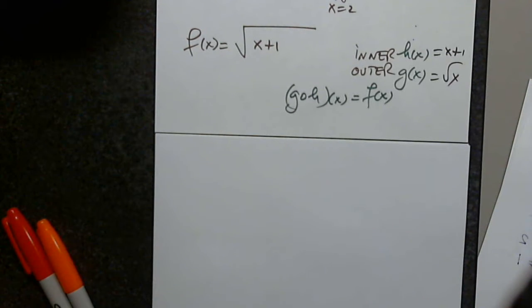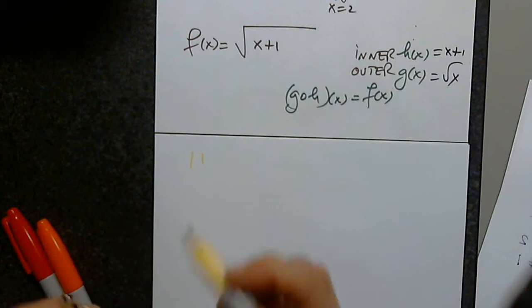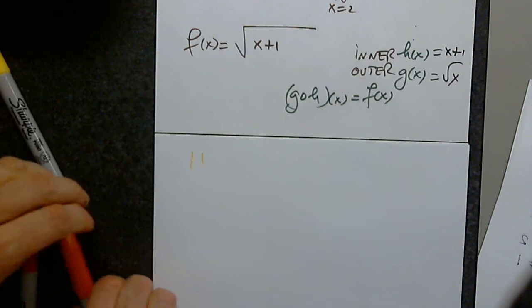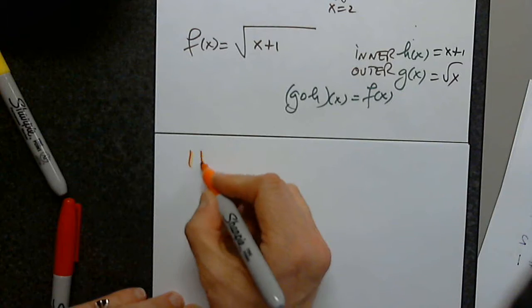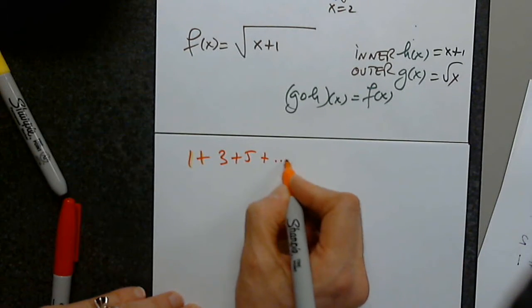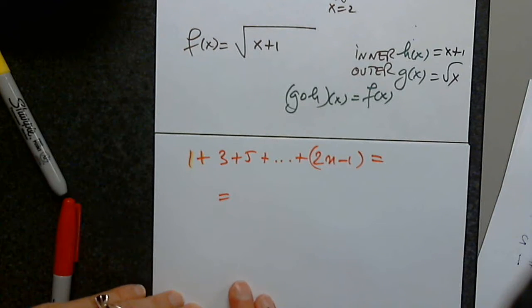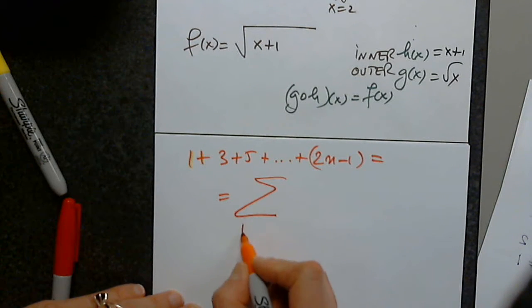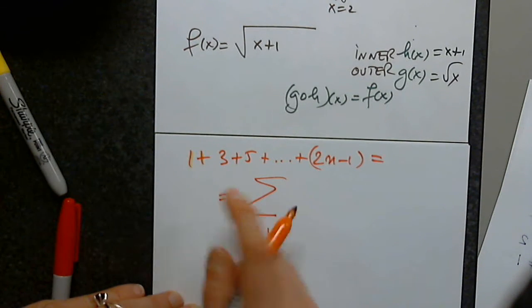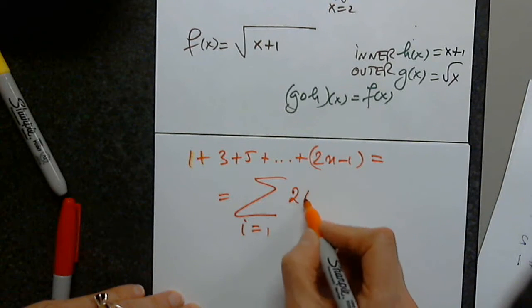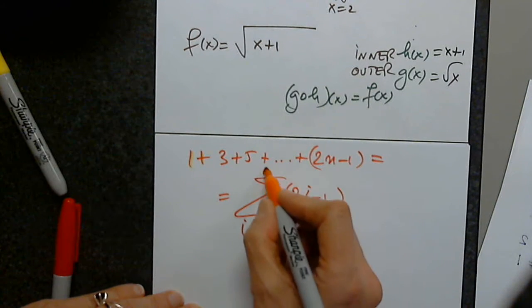Okay, I got it. So 1 plus 3 plus 5 plus dot dot dot plus 2n minus 1. So this is the sum from i equals 1 to n of 2i minus 1.